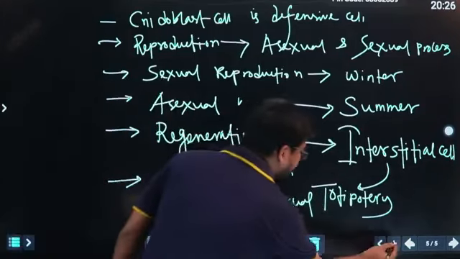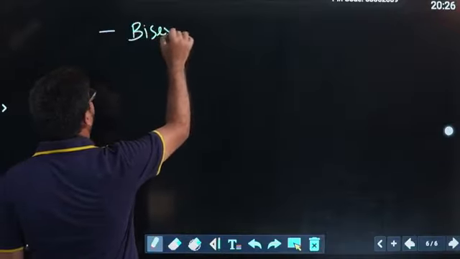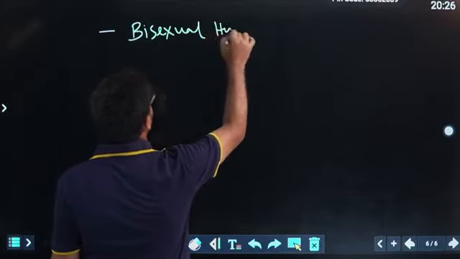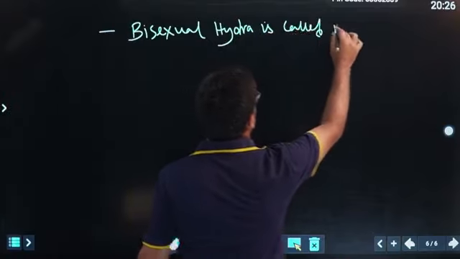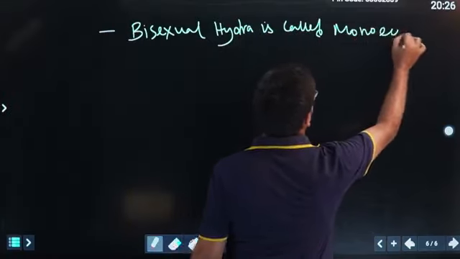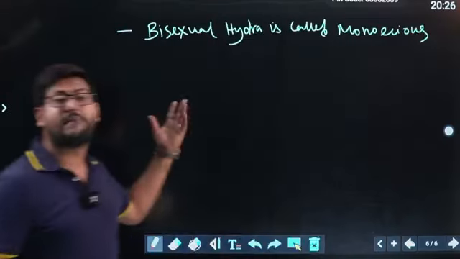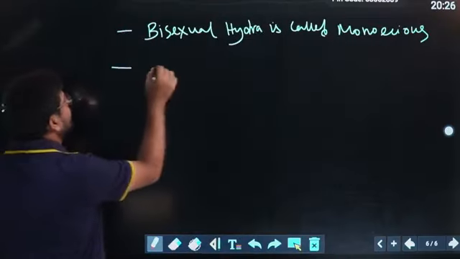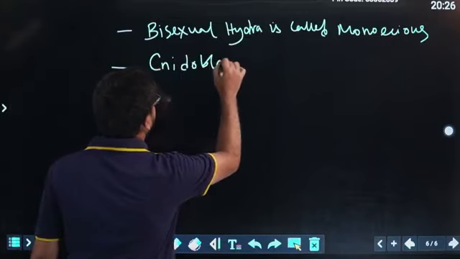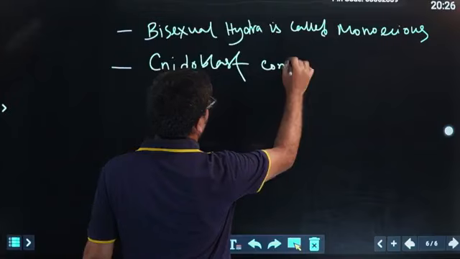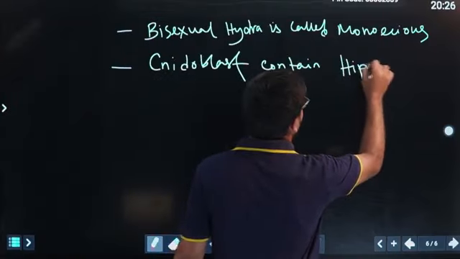Hydra is a bisexual animal, and a bisexual hydra is called monoecious. You have to remember. Okay, monoecious means bisexual. Another important thing is the cnidoblast cell. Cnidoblast contains a chemical, and that is hypnotoxin.